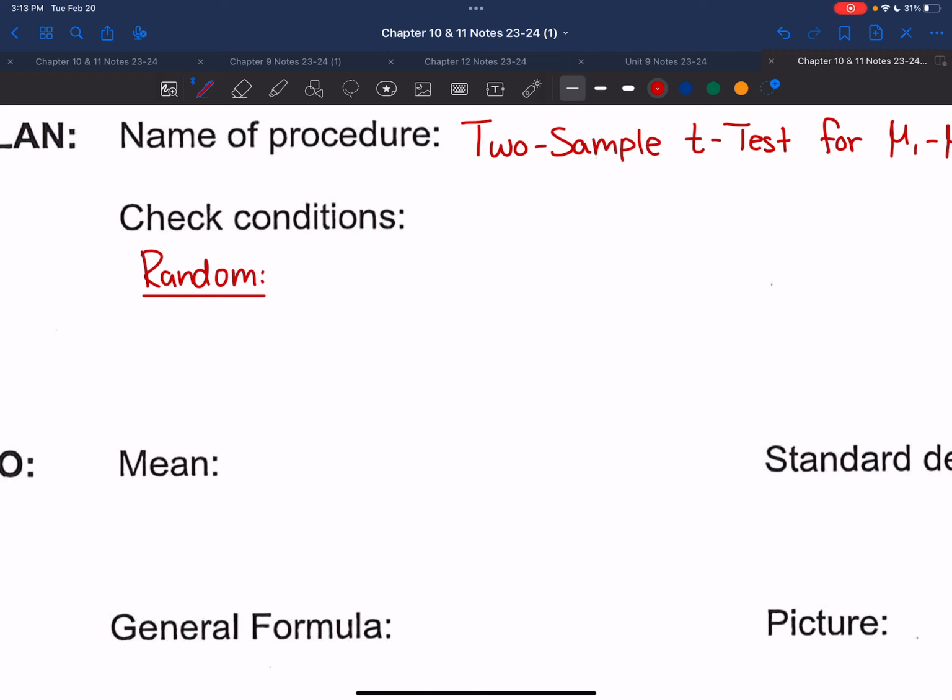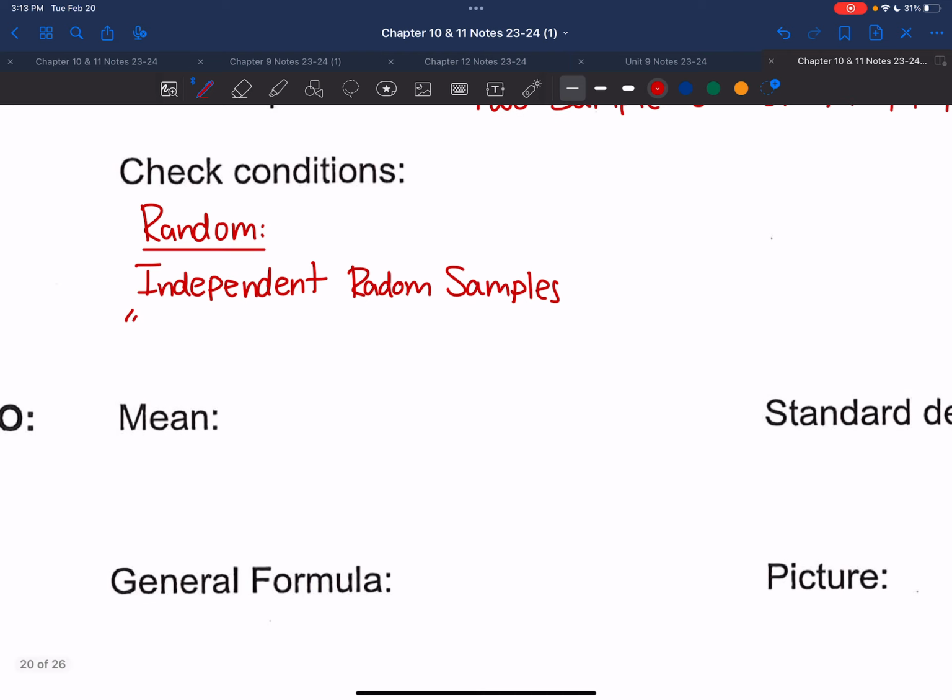So you can't have stores that are in both locations. So these are independent random samples. And in quotations below it, I'm going to put a random sample of 30 and also a random sample of 40.